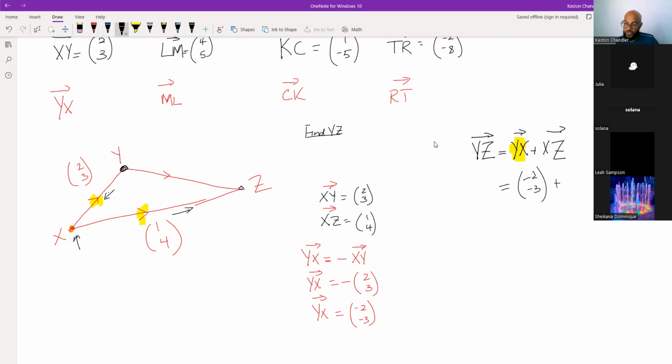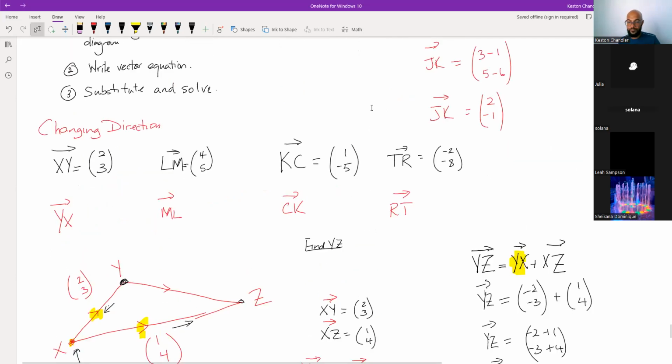XZ, I do have. XZ is (1, 4). So now I add negative 2 plus 1, negative 3 plus 4. That's going to give me negative 1, and this is going to give me 1, 4 take away 3. So my vector YZ is (-1, 1), right?